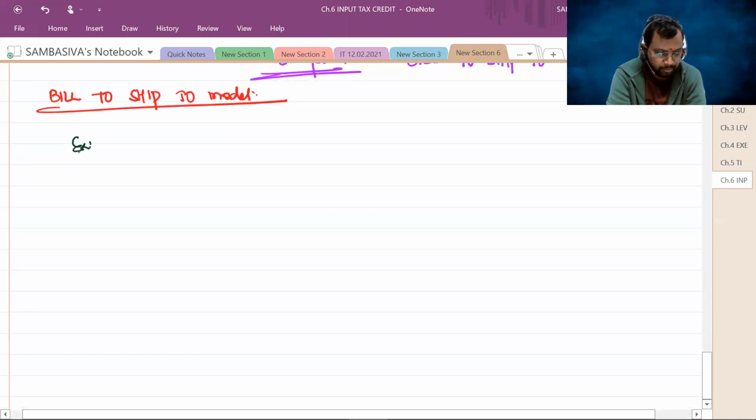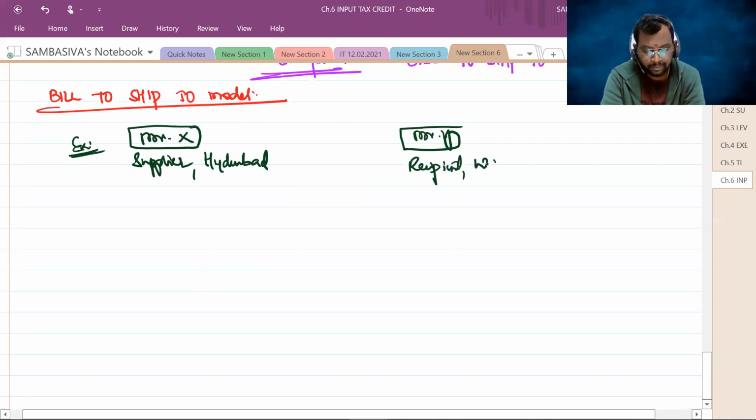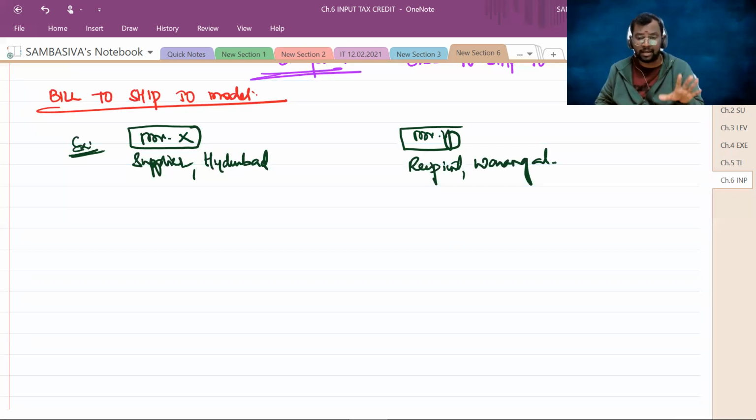Example: Mr. X, a supplier from Hyderabad, and Mr. Y, a recipient from Warangal. So X and Y both belong to the same state, that is the state of Telangana.